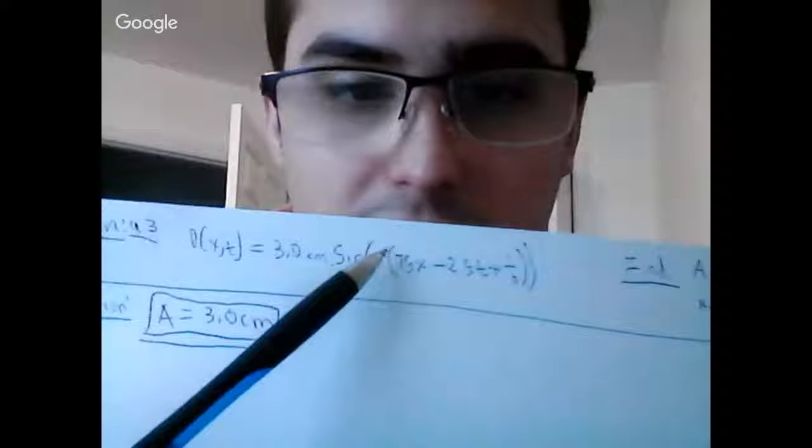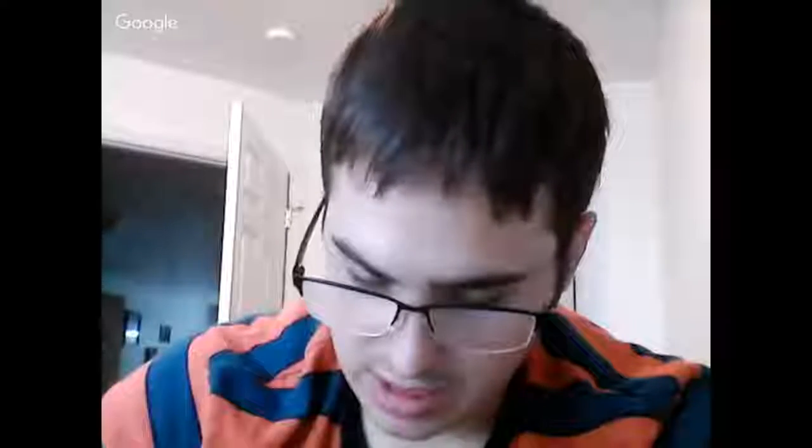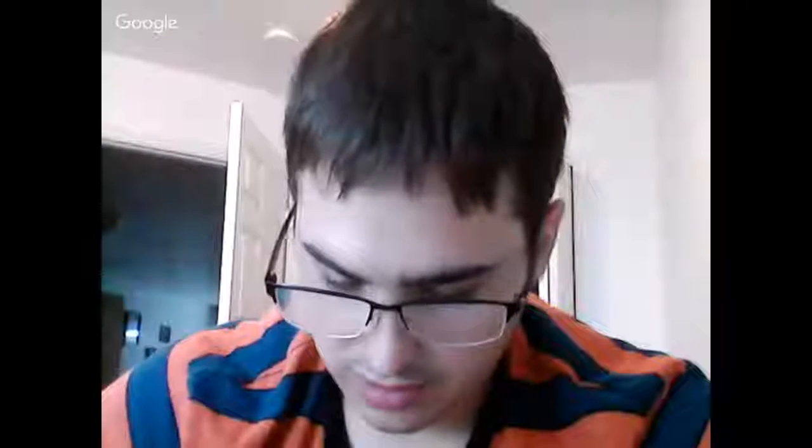So your k value is actually going to be 75 times the pi. So the equation that we use for this is k is equal to 2 pi over lambda. And then we can solve for lambda, which is equal to 2 pi over k. And we use our k value of 75 pi.